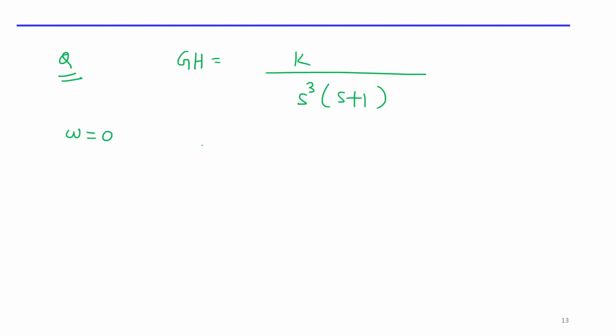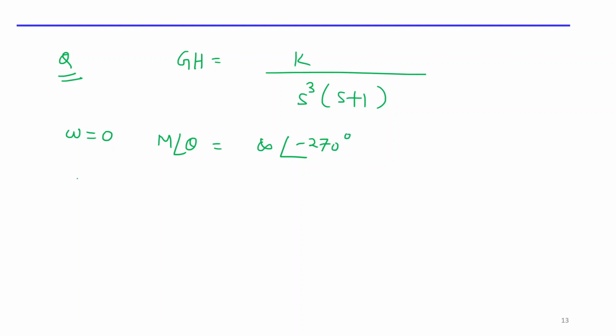At omega equal to 0, what is the magnitude and theta? Infinity. What is the angle? Minus 270.